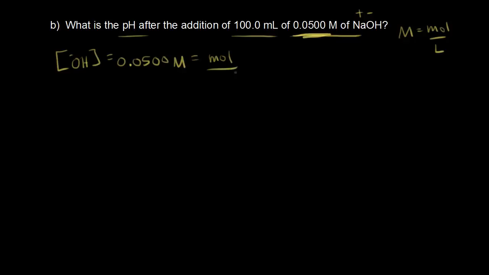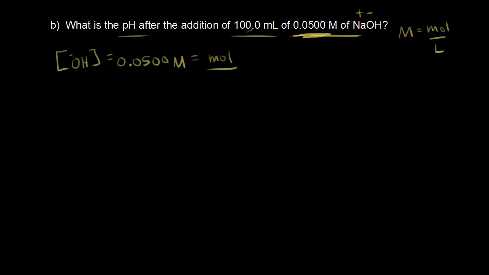So if the concentration of sodium hydroxide is 0.0500 molar, that's the same concentration of hydroxide ions in solution. So the concentration of hydroxide ions in solution is 0.0500 molar. And molarity is moles over liters. So this is equal to moles over, how many liters is 100 milliliters?